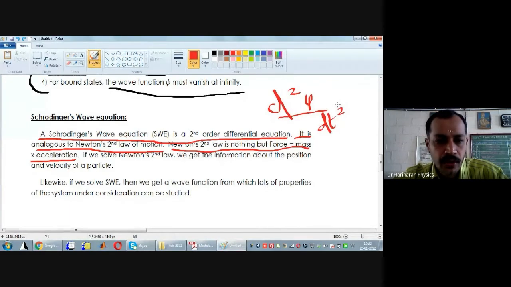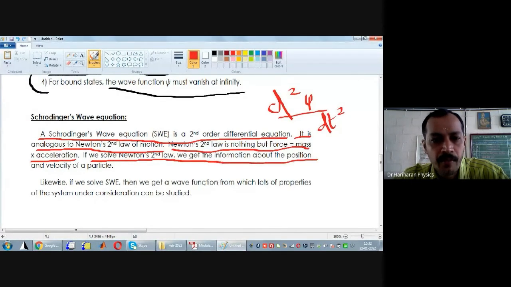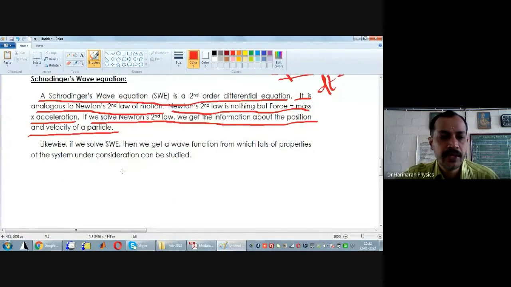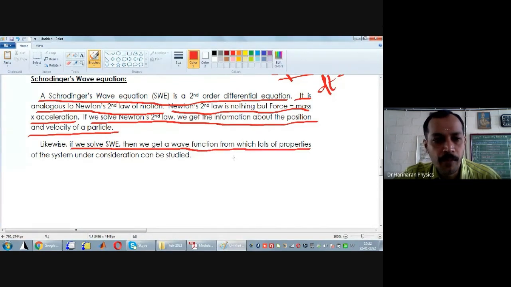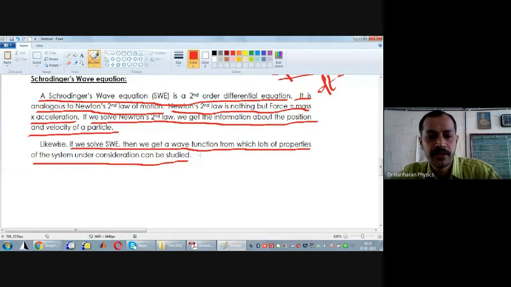If we solve Newton's second law of motion, we get the information about the position and the velocity of a particle. Similarly, if we solve Schrodinger wave equation, then we get a function called wave function. From this function, a lot of properties about the system under consideration can be studied.